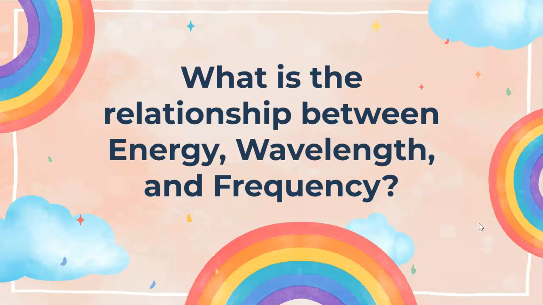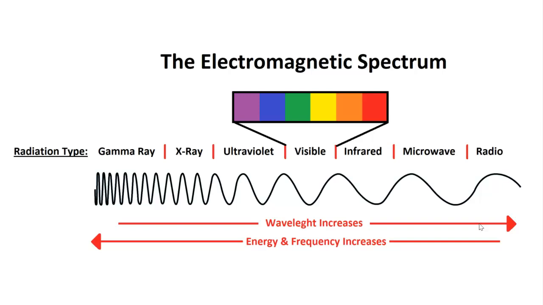But what exactly is the relationship between energy, wavelength, and frequency? So again, we have our whole electromagnetic spectrum or EM spectrum. There's different types of radiation. All the way to the left, which is our highest energy wave, is gamma rays. Then you have X-rays, ultraviolet rays, visible light, and within visible light, the highest energy is purple, the lowest energy is red.